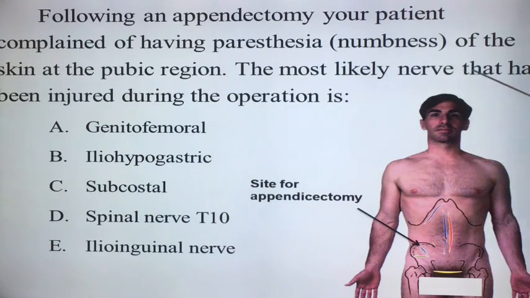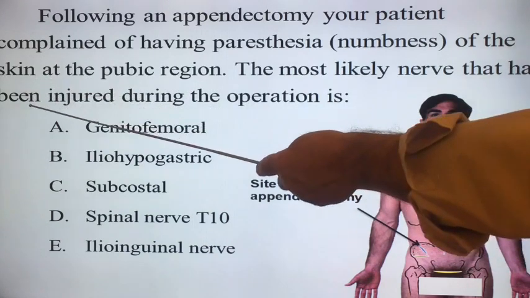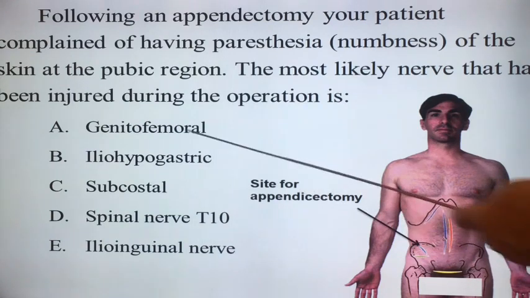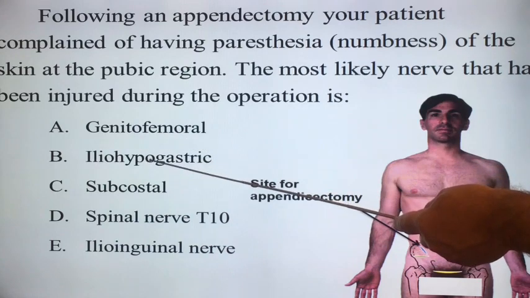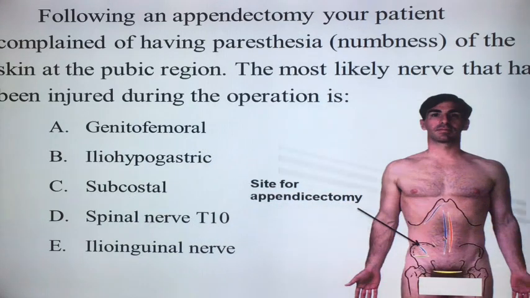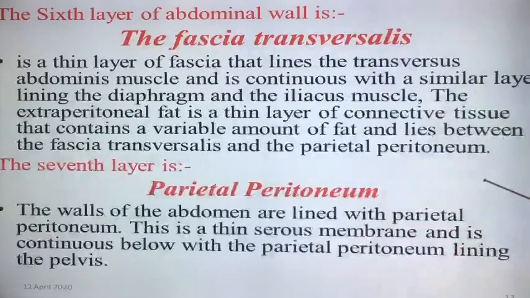The most likely nerve that was injured during the operation is, so what do you think? Which nerve is cut? Is it genitofemoral, iliohypogastric, subcostal, spinal, or ilioinguinal? This is the type of question we are going to ask in the final year.